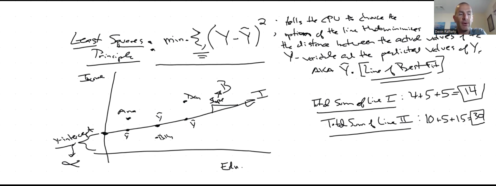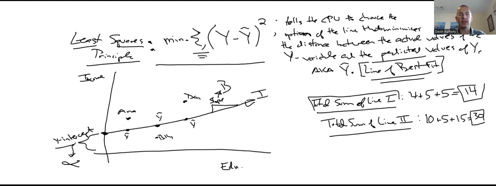Now, when the least squares principle goes out and finds the line of best fit, it says, okay, the total error in line 1 is 14 units.